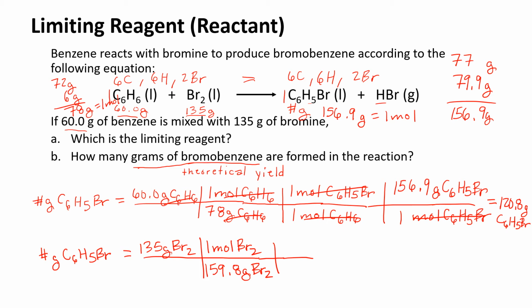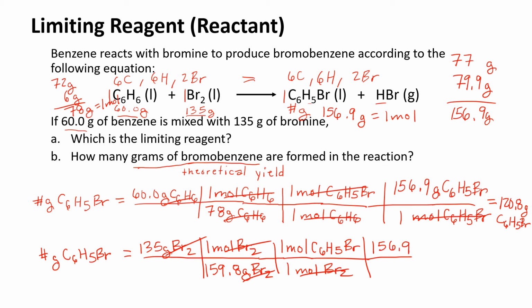And now I'm going to use the mole ratio between bromine and bromobenzene. That's 1:1. So 1 mole of bromobenzene will go up top because I want to get moles of bromobenzene, and 1 mole of bromine will be on the bottom, so that moles of bromine cancels. Now I'm in moles of bromobenzene. We already have the molar mass for that.